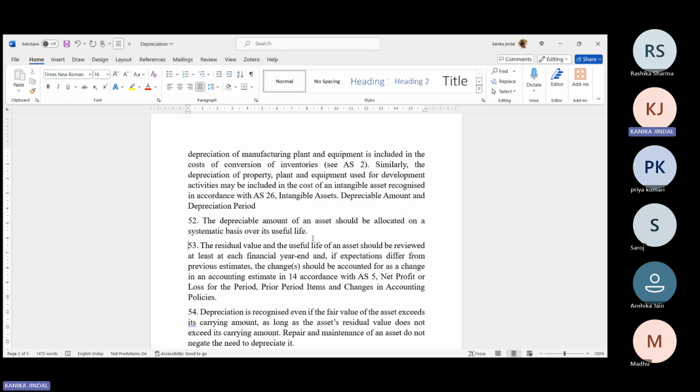As per accounting standard 5, net profit or loss for the period, prior period items and changes in accounting policies. This is the whole concept. This is the whole accounting standard 5. Okay. I hope this is clear to everyone till here. In case you feel any doubt or if there is any problem, you can ask.